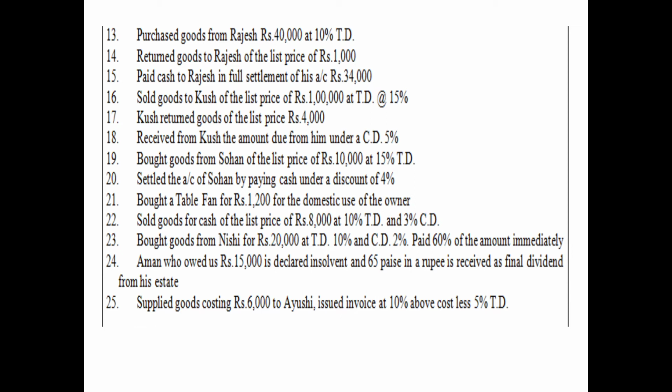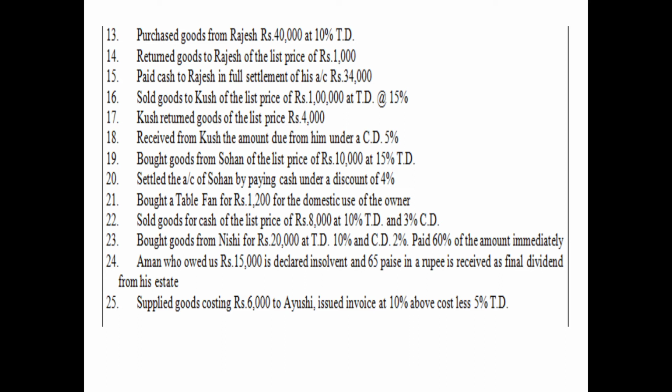Point number 14, very important point. Returned goods to Rajesh of the list price 1,000. List price means the MRP. So when the goods were purchased from Rajesh, these were purchased at discount. So when these goods are returned to Rajesh, they will also be returned at discount.